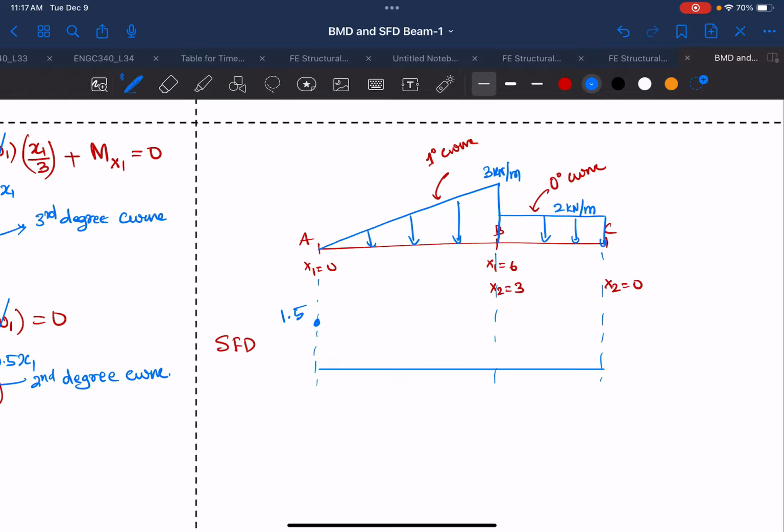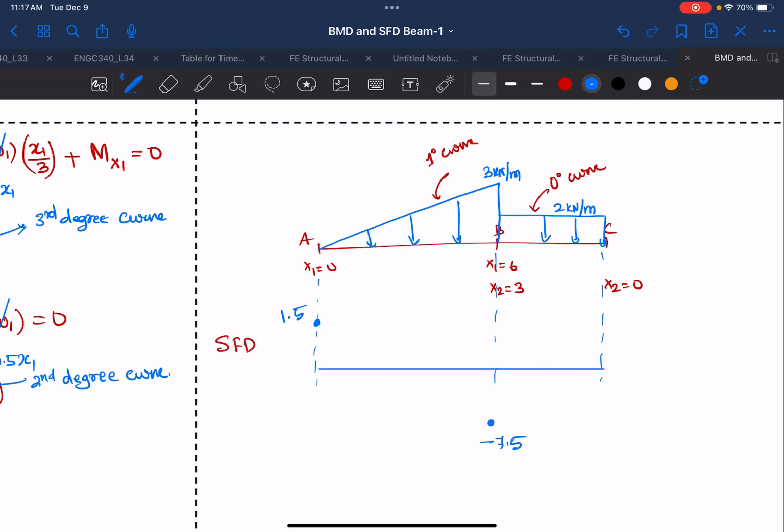And then at x1 is equal to 6, your Vx1 will be minus 7.5. Okay, so you see that the value of the shear force diagram changes from positive to negative.